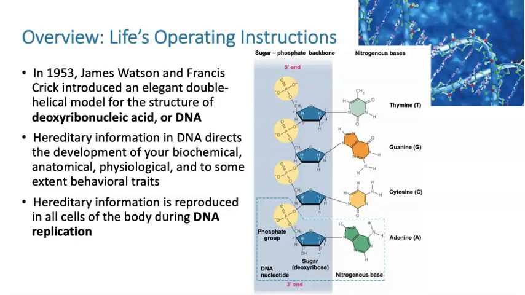Watson and Crick are the most famous of them because they won the Nobel Prize. In 1953, Watson and Crick wrote a paper introducing the double-stranded, double helix model for the structure of DNA. The full name of DNA is deoxyribonucleic acid, just in case you hadn't heard that before.